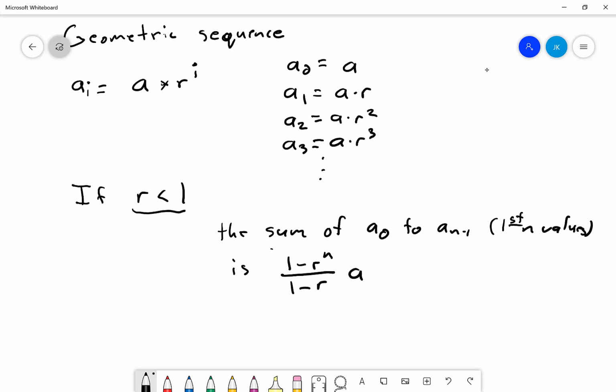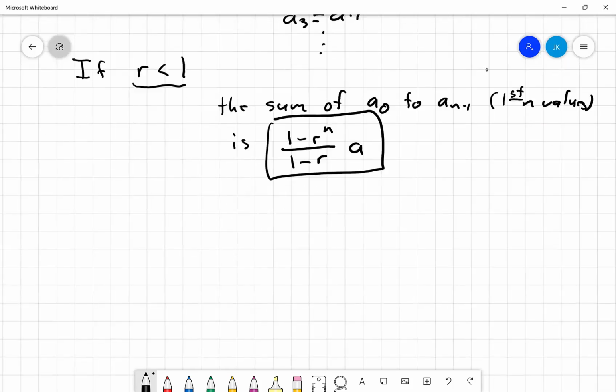Okay, and so this formula only works as far as r less than 1, but it's a simple way of summing up a bunch of values and seeing what they are. So for geometric sequences and for arithmetic sequences, we've got those nice properties that we can use along the way.